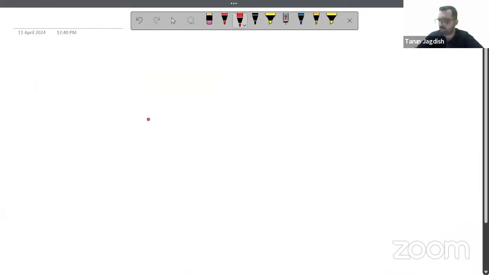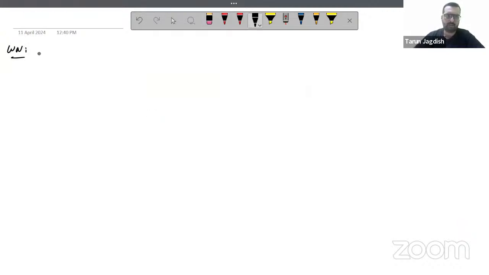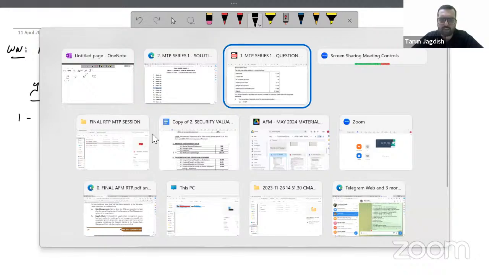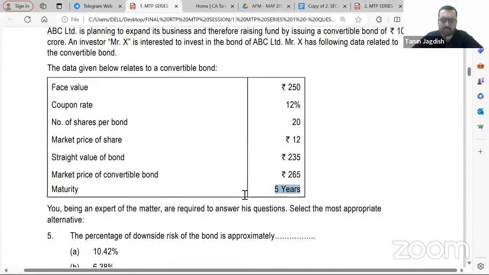So I'll write down the next working note heading. MPS, if yield is how much percentage? 15%. Here, cash flow, discount factor, discounted cash flow. So here 1 to 5, what is going to be your cash flow for the 5 years?